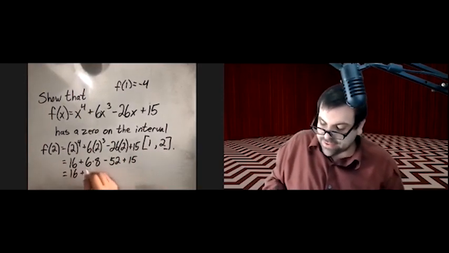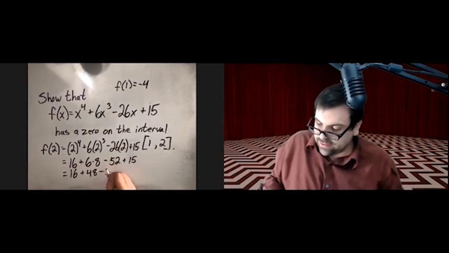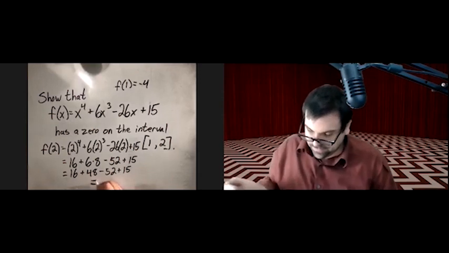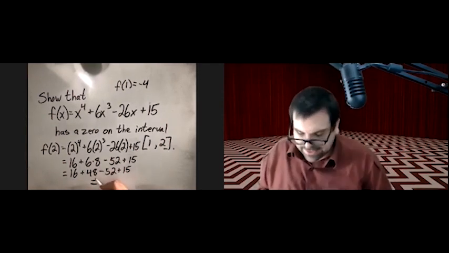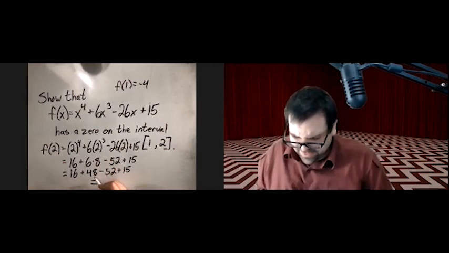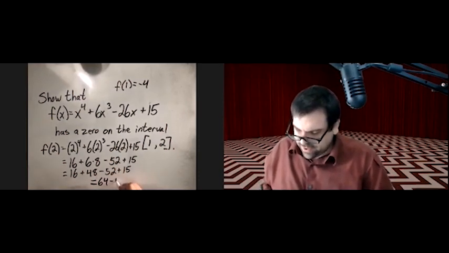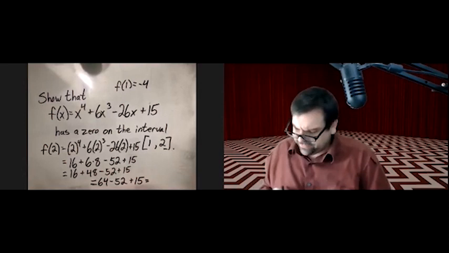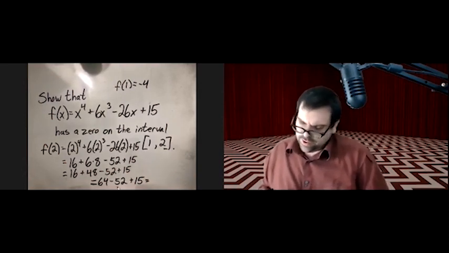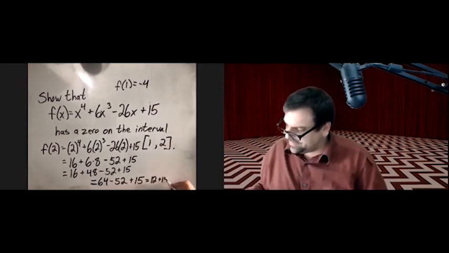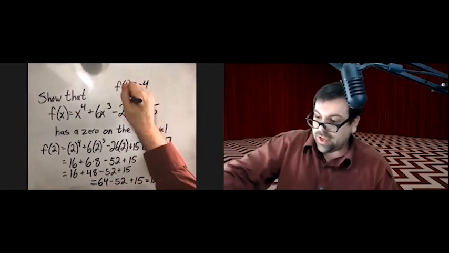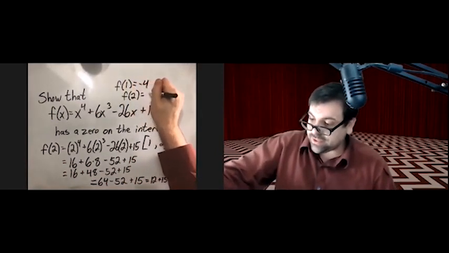This is 16 plus 6 times 8 is 48, minus 52 plus 15. 16 plus 48 is 64. Minus 52 plus 15. 64 minus 52 is 12, plus 15. 12 plus 15 is 27. So f of 2 is positive 27.